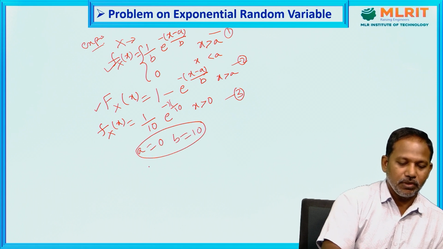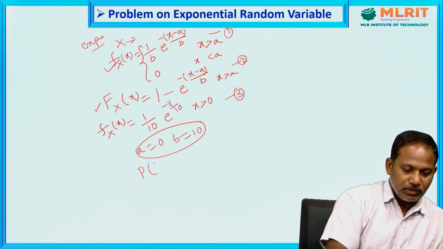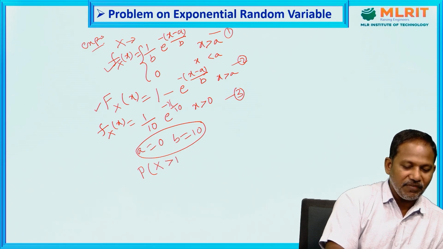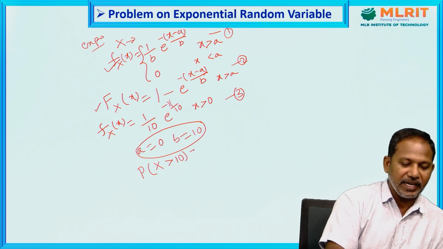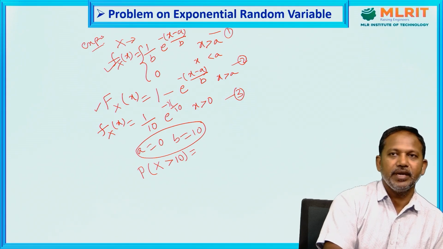So next, what do I need to do? Here I need to find the probability that the reflected power is greater than the average power, P of x greater than 10. The minimum value of this random variable is 10, and the maximum value is assumed to be infinity.